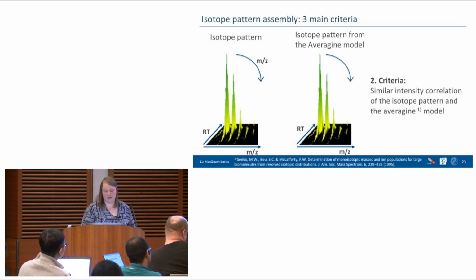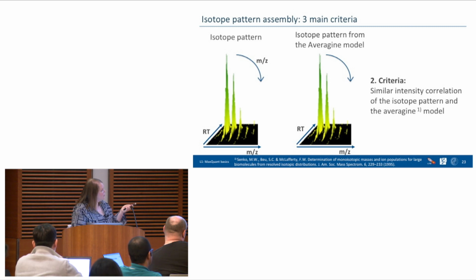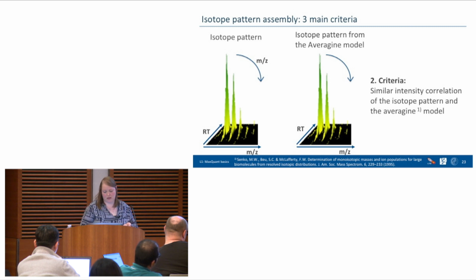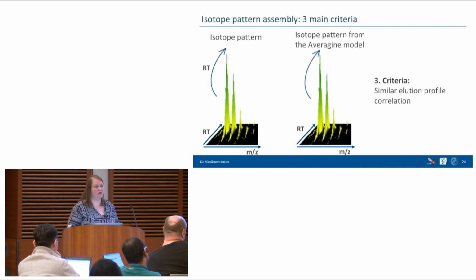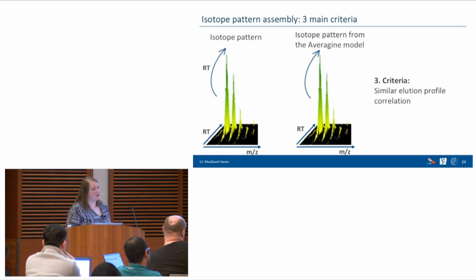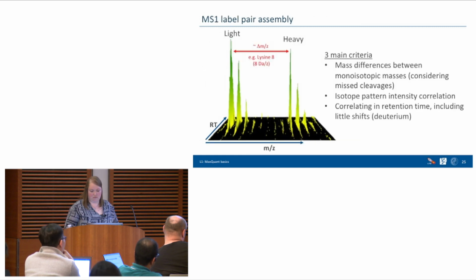So in the second criterion, we look at the intensities of this isotopic pattern. We calculate a correlation and apply a threshold, so it needs to be similar. Then we do this again over the elution time, and there again we calculate a correlation, and if it's above a certain threshold, this criterion is also fulfilled. And then we have the isotopic pattern.